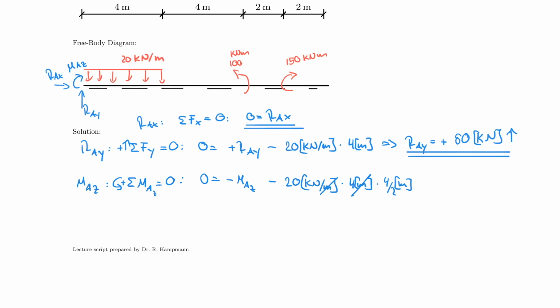And now I have to add my two moments. So I have the 100 kilonewton meter, and that one rotates counterclockwise, therefore it's positive, and the other one rotates clockwise, so therefore it's negative, so minus 150 kilonewton meter.